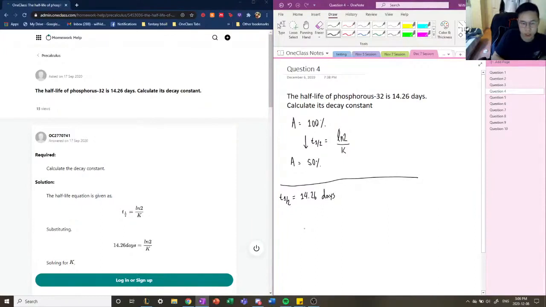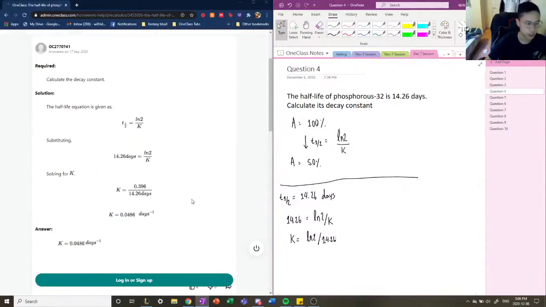All right, so if we want to calculate the decay constant, we need to plug it into our equation here. So 14.26, I'm not going to include the units here, equals ln 2 divided by k. So we have k equals ln 2 divided by 14.26. Okay, that makes sense.